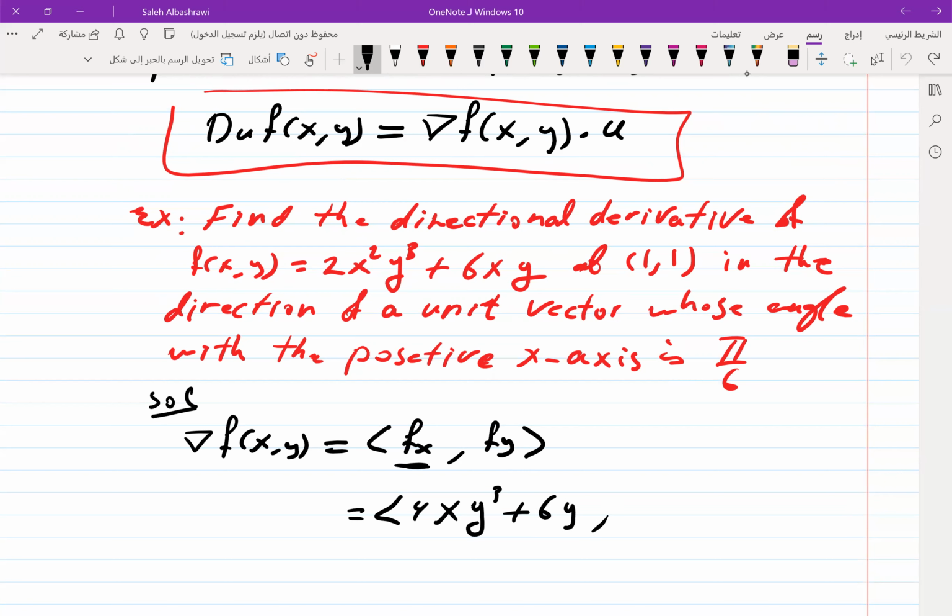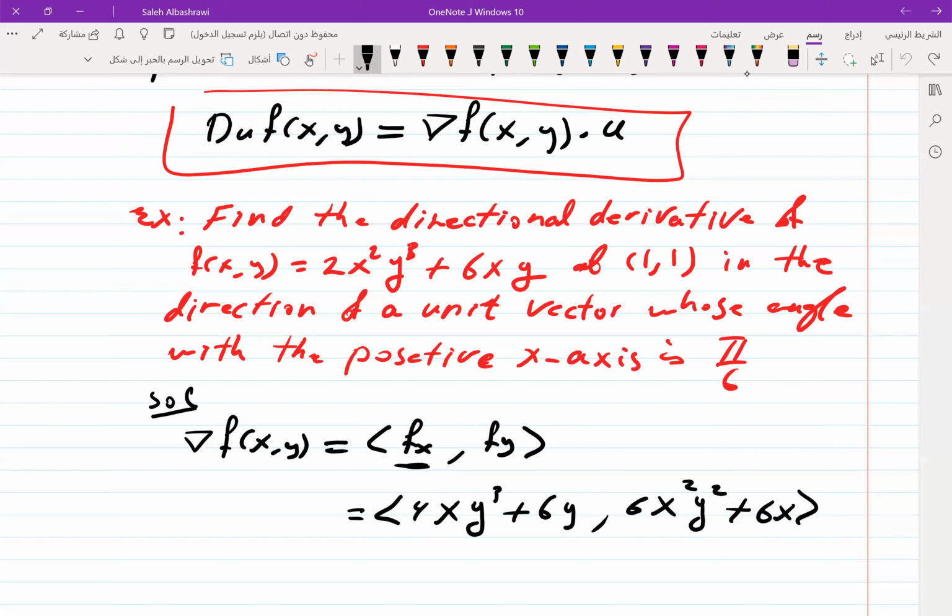This is the partial derivative with respect to x. Now we differentiate with respect to y. It will be 6x squared y squared plus 6x. So this is the gradient.